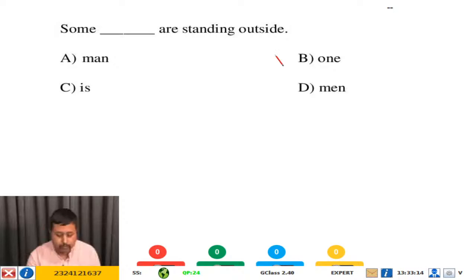Okay, so it should be what? We need the plural version, so it should be option D.